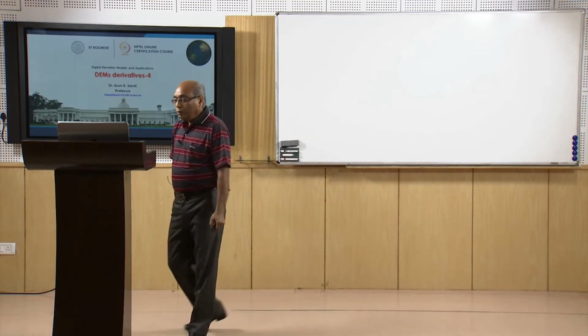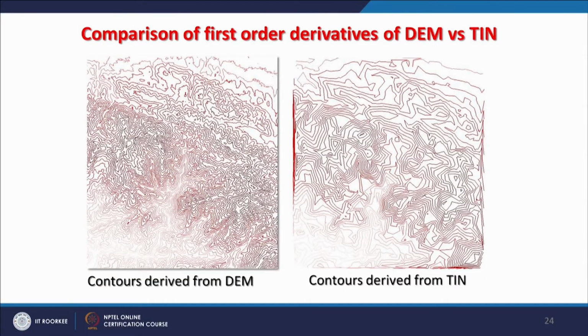If I derive the contours, that is the reversal of a digital elevation model, going from continuous data to discrete data, raster to vector, and I choose the same contour interval, base level and starting point, then I get two completely different contour maps, one derived from the raster, that is the DEM, and one derived from the TIN, and again the issue of the boundary will come.